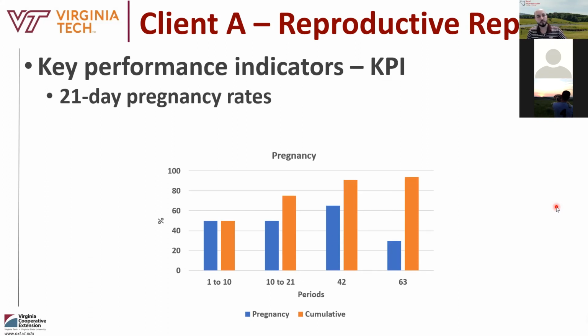So the first 10 days, which is usually timed AI pregnancy rates, followed by that first cycle with the bull, for example, right? We do that as a pregnancy rate per period plus a cumulative pregnancy rate, which is shown here in orange, right? So we can show pregnancy for each of those periods, as well as the cumulatives, just to make sure that the pregnancy rate is going up, right?